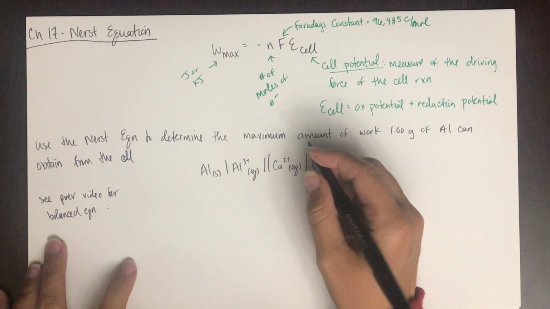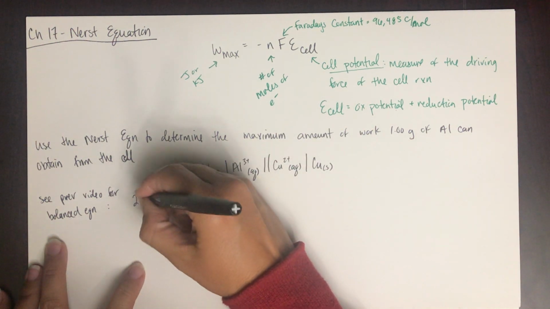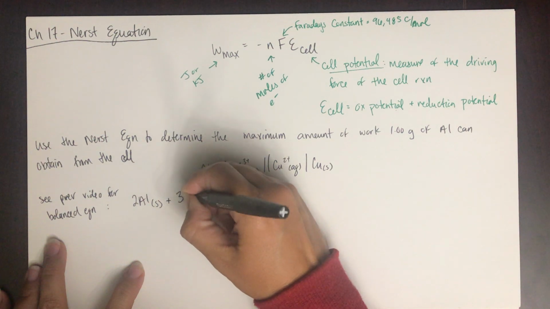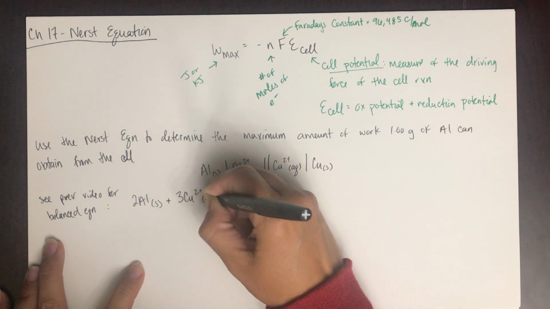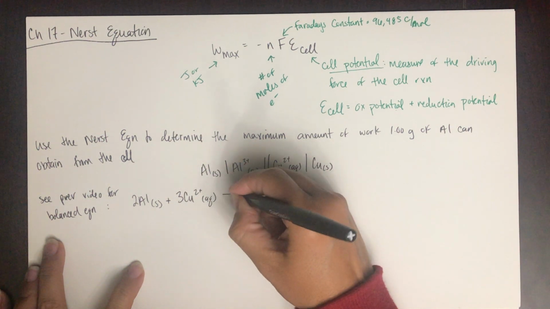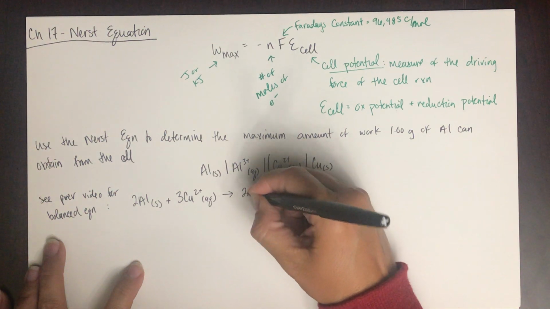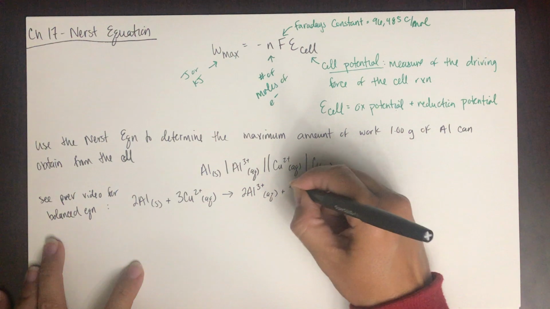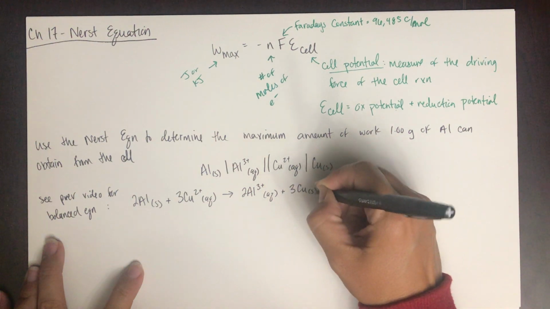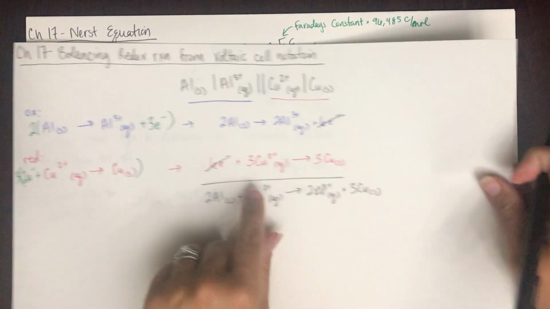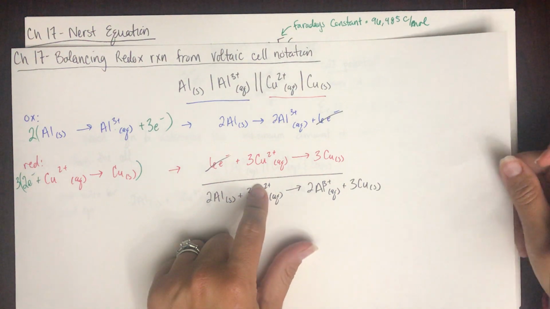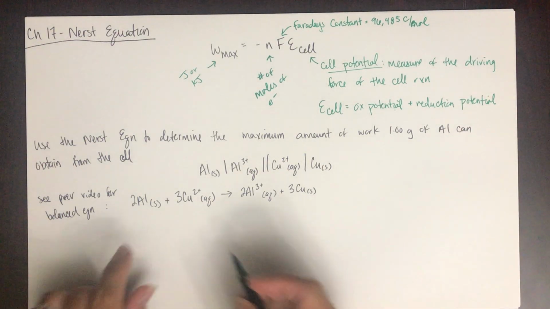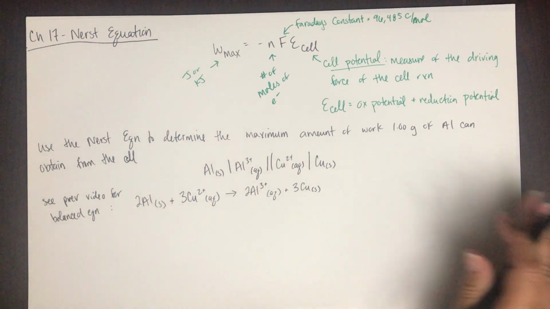We said the balanced equation was 2 moles of aluminum solid plus 3 moles of copper 2+ aqueous produces 2 moles of aluminum 3+ aqueous plus 3 moles of copper solid. That's what we solved for in the previous video when we balanced a redox reaction from voltaic cell notation. So this is my balanced equation.